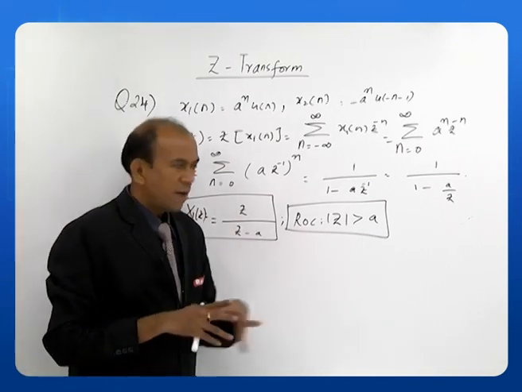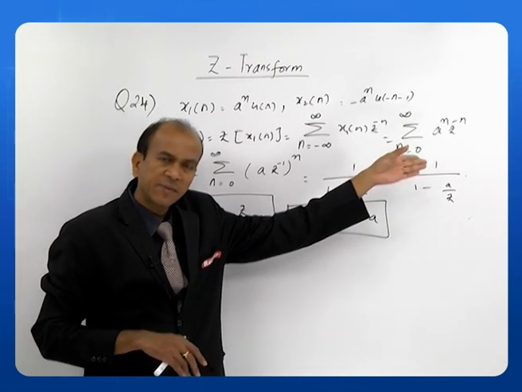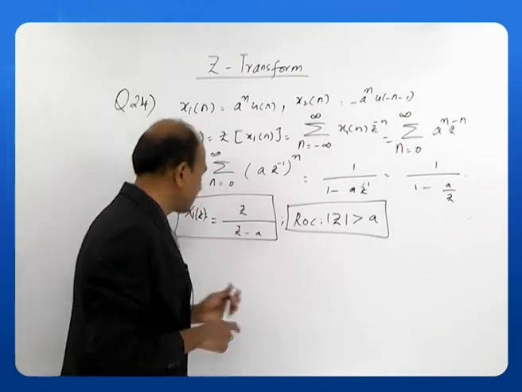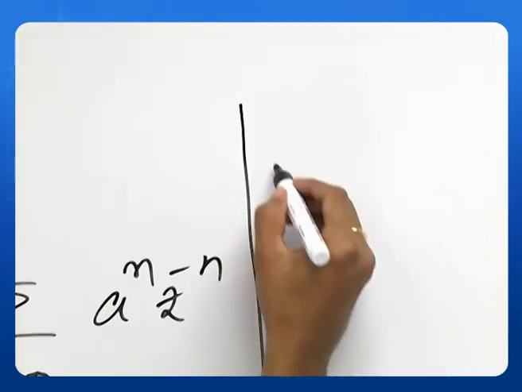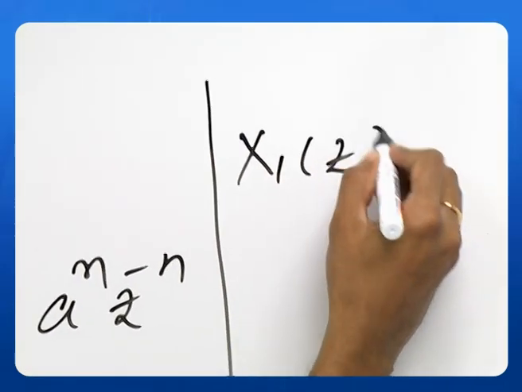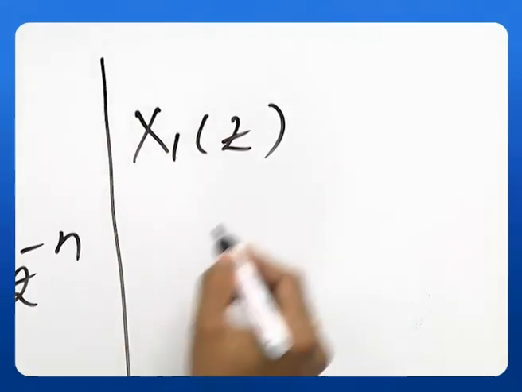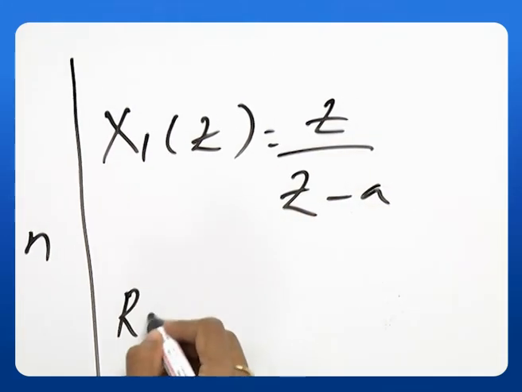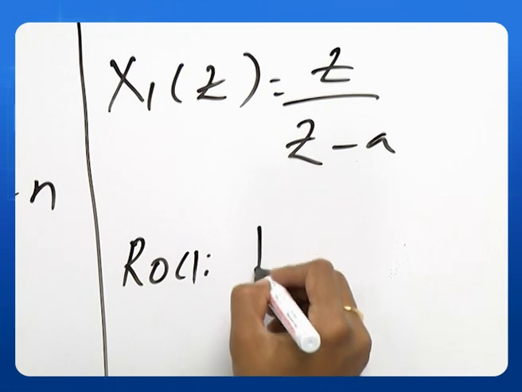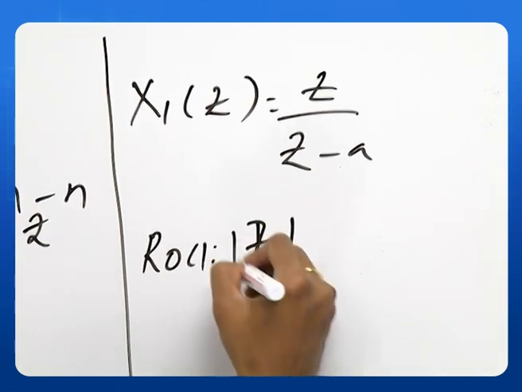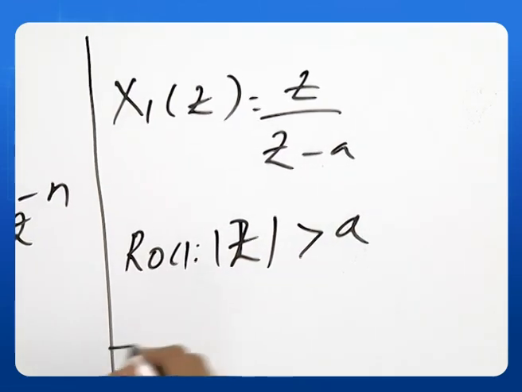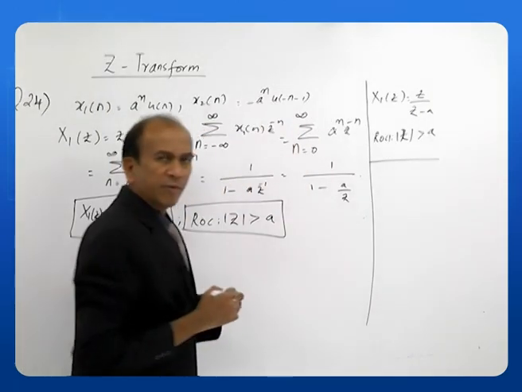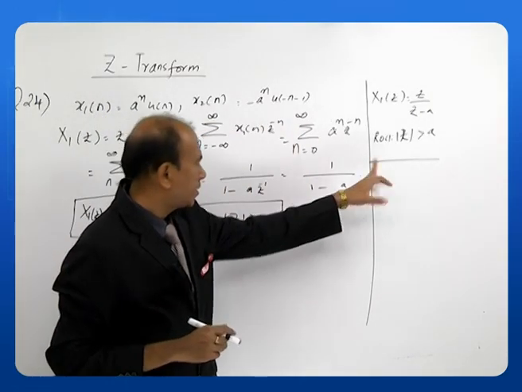Now, we will write this down there so that we can compare with the other one. So, we will just write down here x1 of z is equal to z by z minus a, and ROC, ROC1 we can call it, that is z greater than a. So, this is the first case. We will keep that for our record so that we can compare. So, this is what we got.